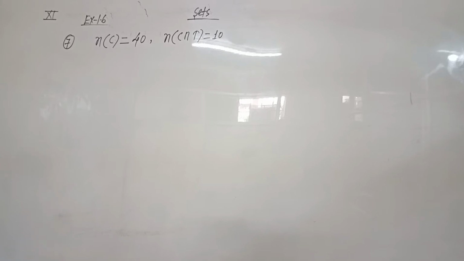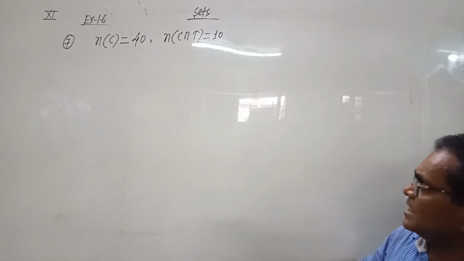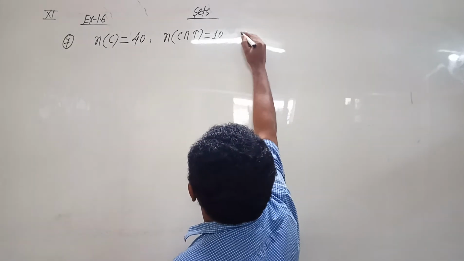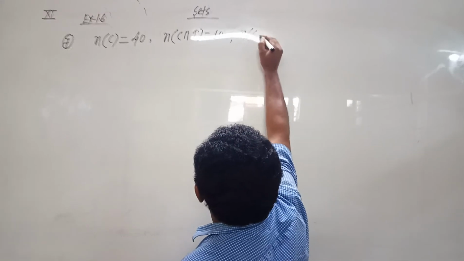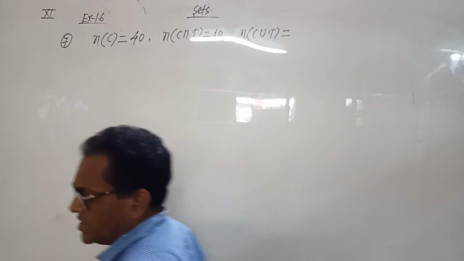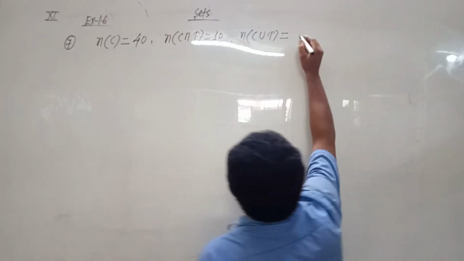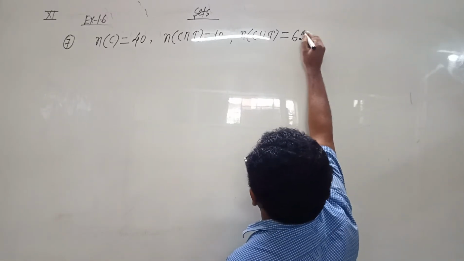In a group of 65 people, which means the total, n of C union T, is given as 65.